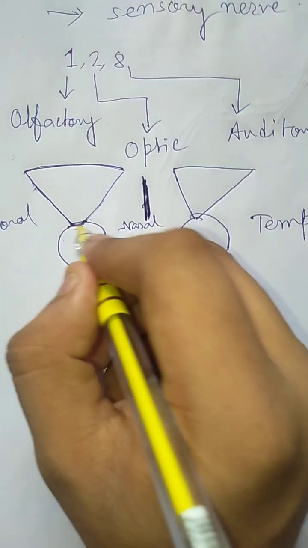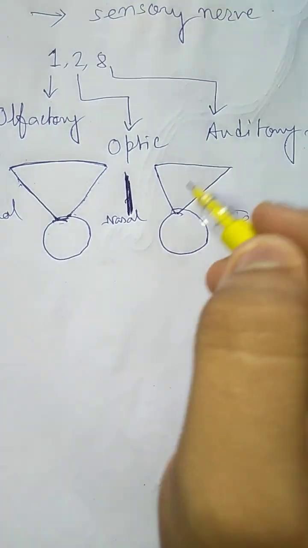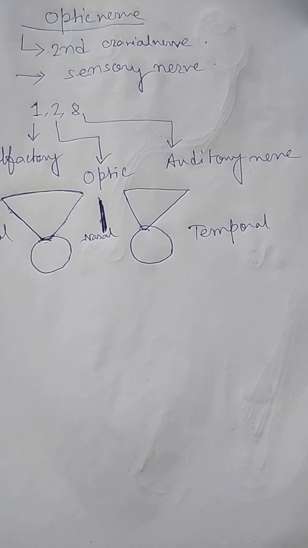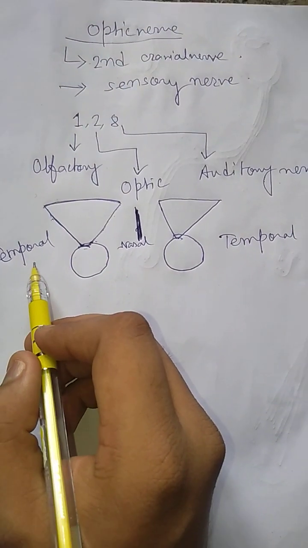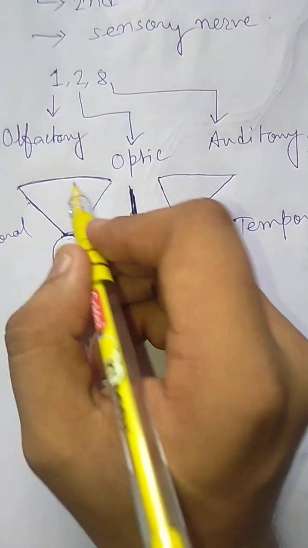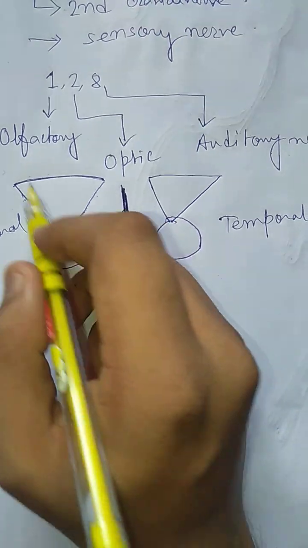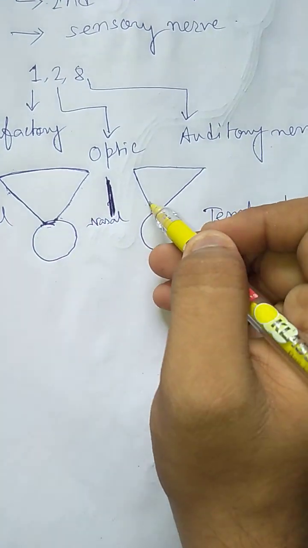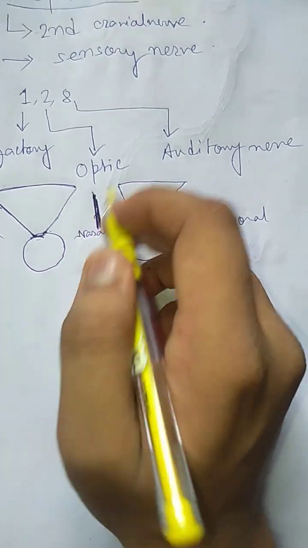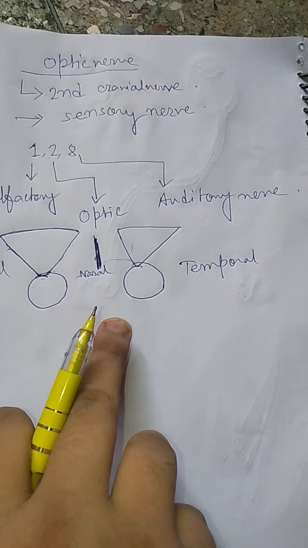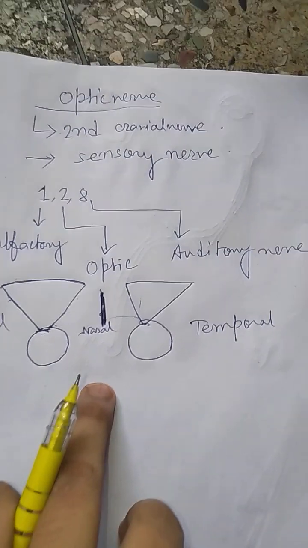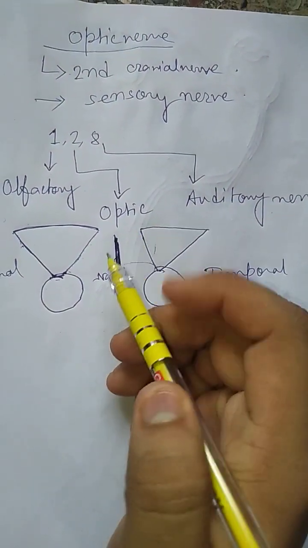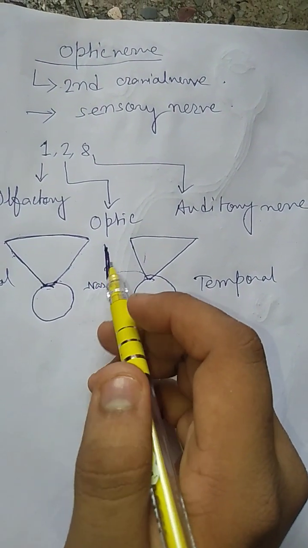The optic nerve has mainly two fibers, temporal fiber and nasal fiber, and this is the field of view. In this video I am just going to differentiate this part, because it has a logic.